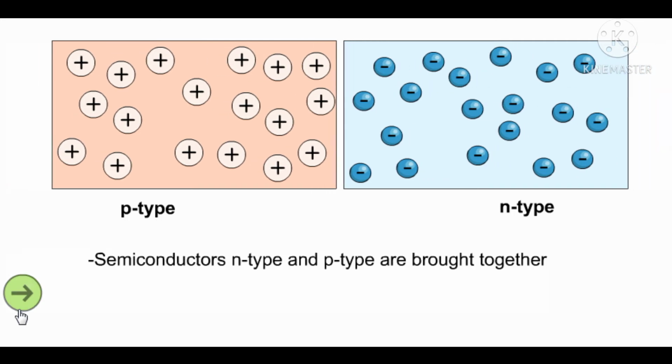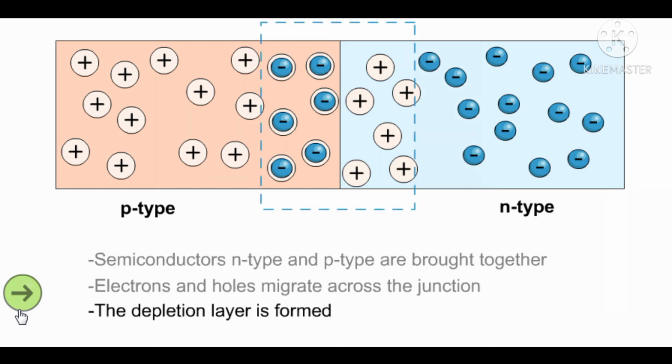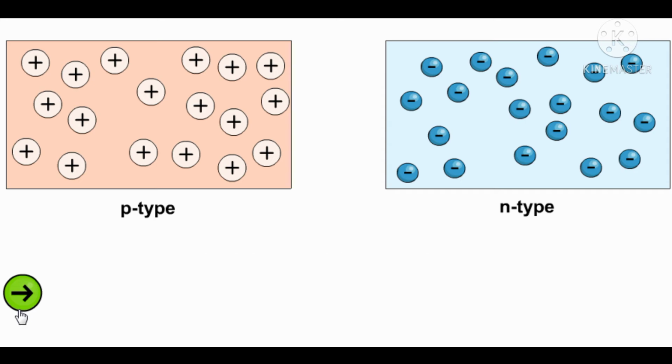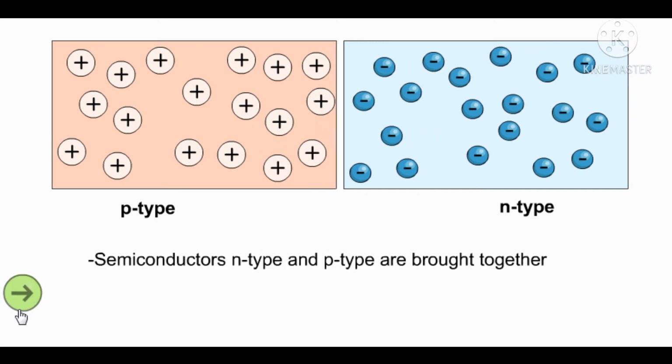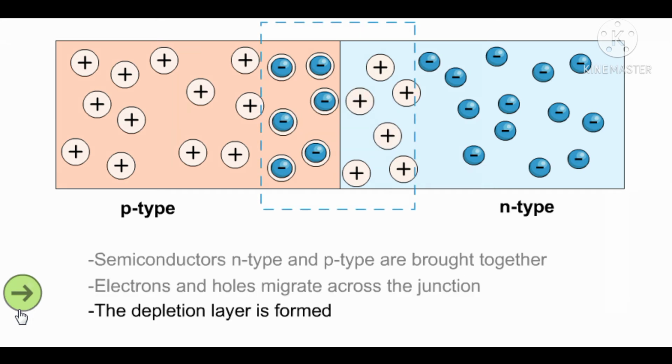In the depletion layer, there is an accumulation of positive and negative charges across the junction, which builds a potential difference across the junction. The dotted line indicates the depletion layer, and the plus and minus signs at the depletion layer indicate the potential barrier.